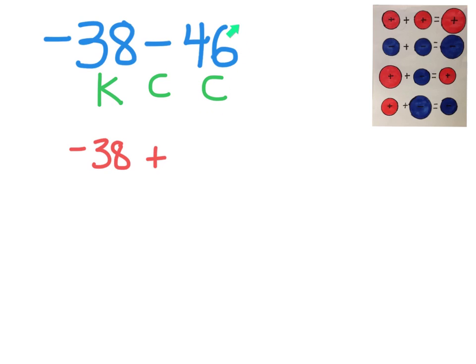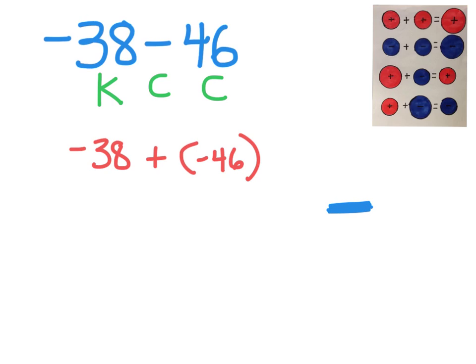And then I'm also going to change +46 to be -46. You could look over at your model if you needed to. It says two negative numbers. We're going to add them together and they're going to stay negative. I could go ahead and put for my answer that it's going to be negative.